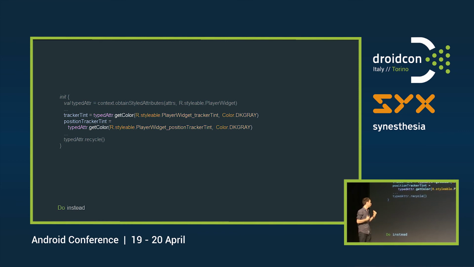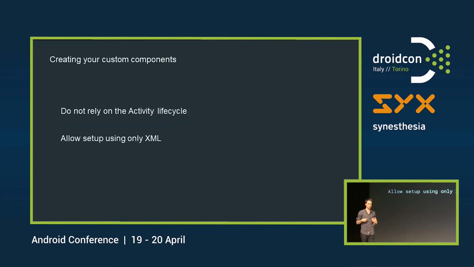In our case, we have our tracker tint and position tracker tint defined as attributes. And then we define our color in our XML, right?